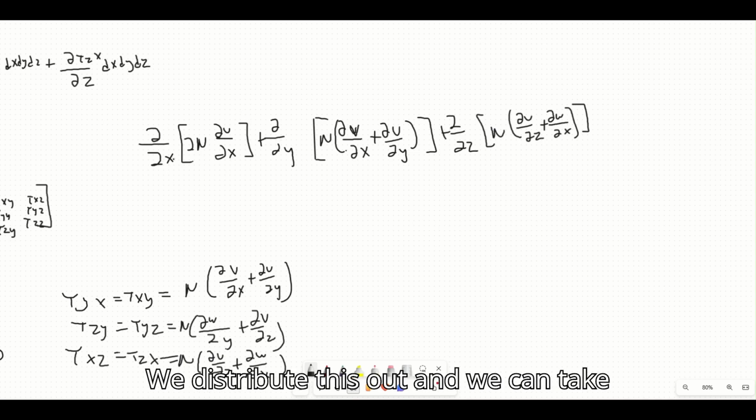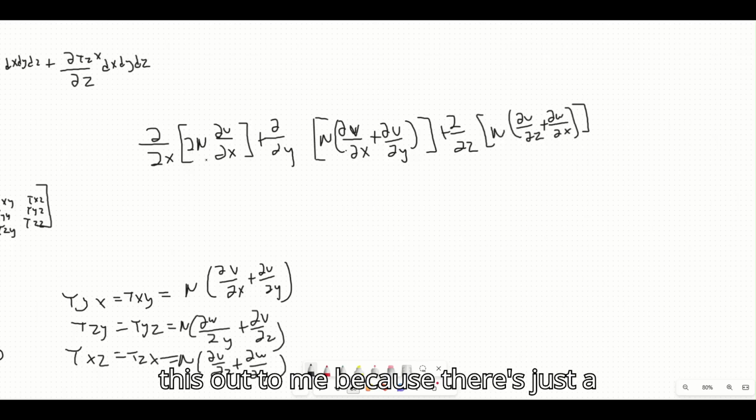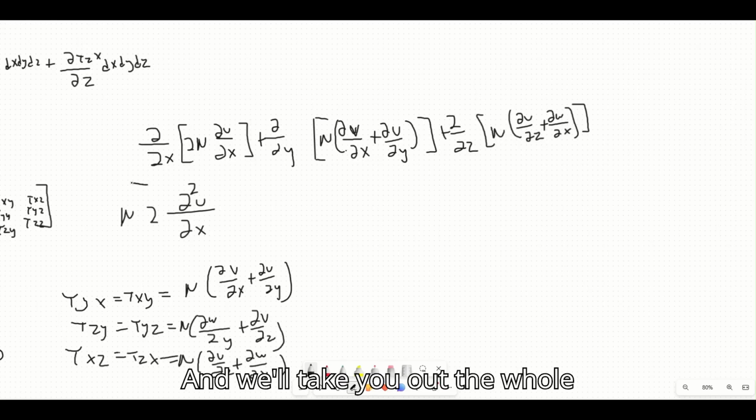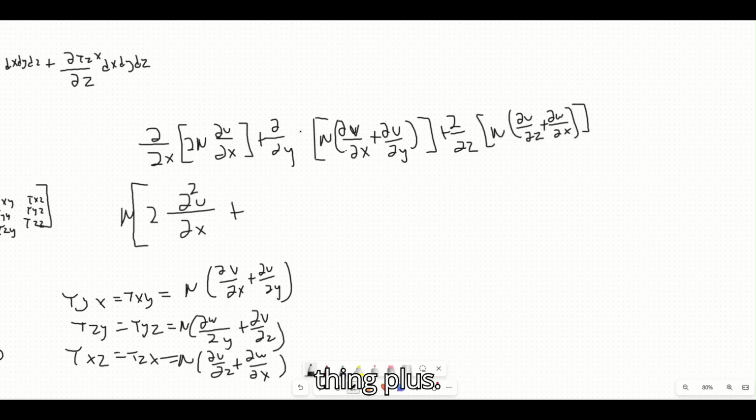We distribute this out, and we can take out the 2 mu, because it's just a constant, right? I'm going to take mu out of the whole thing, plus y.